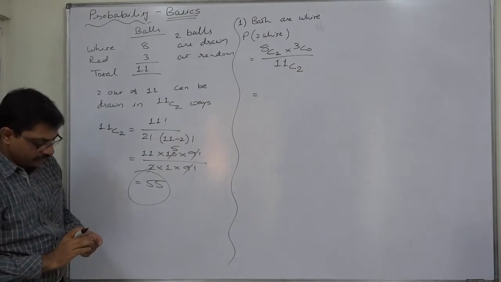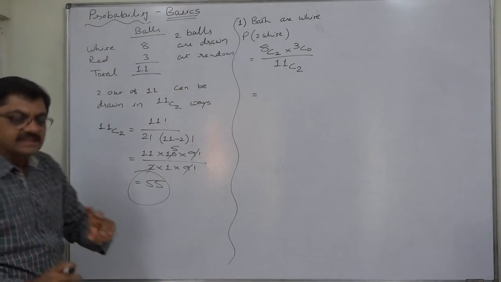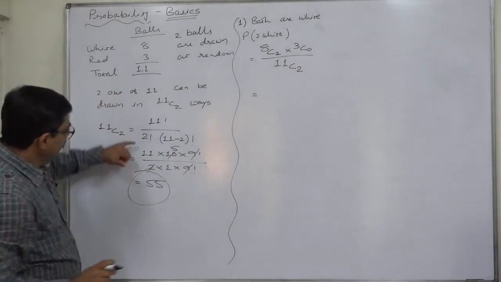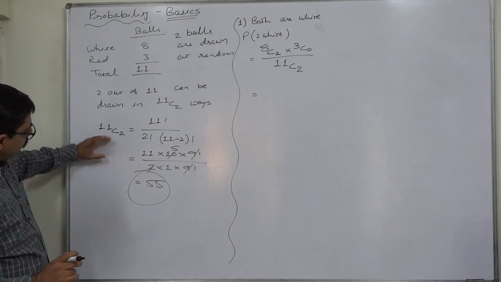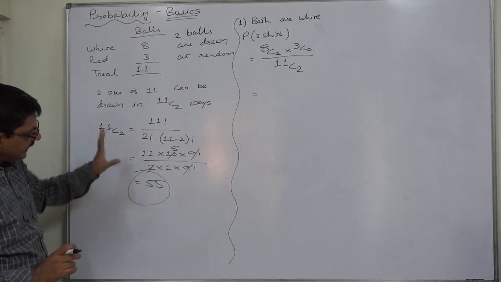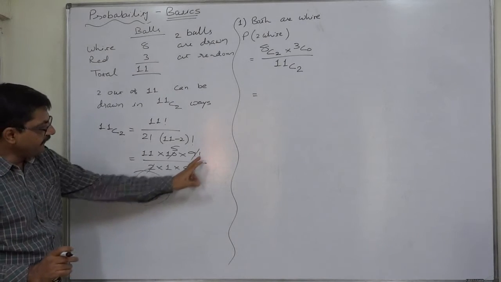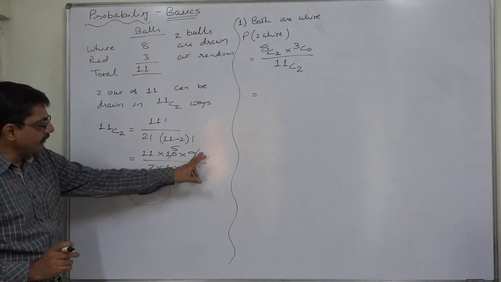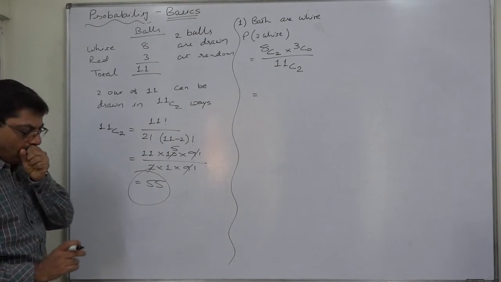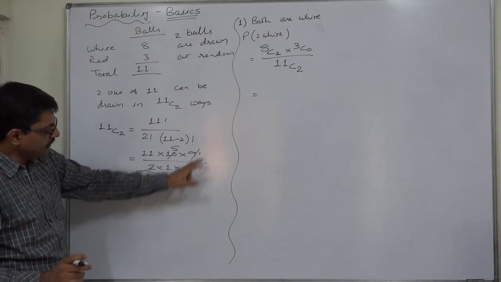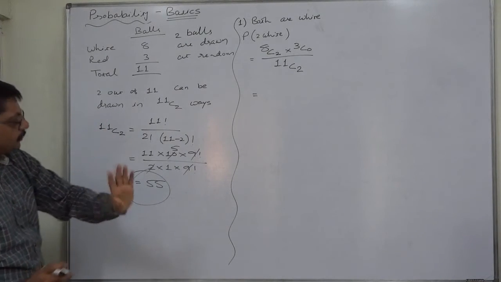8C2. Now how to calculate nC2? This is the simplification of 11C2. What had ultimately happened? 9 factorial and 9 factorial, that means n minus 2 factorial was cancelled. Every time we can do this.